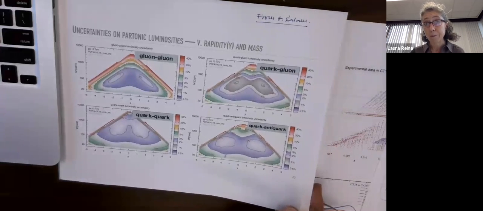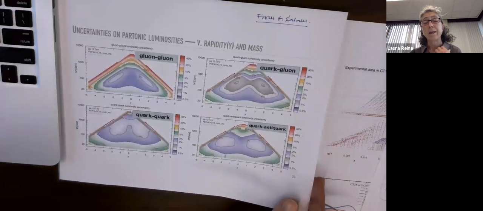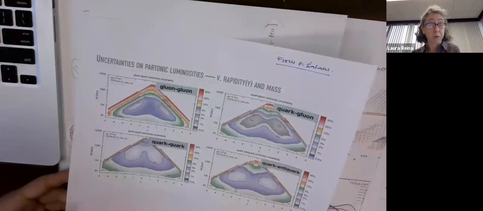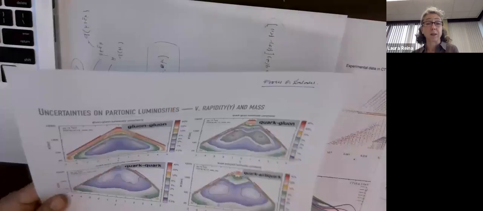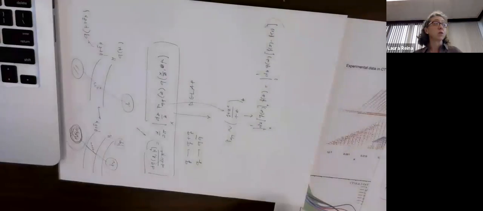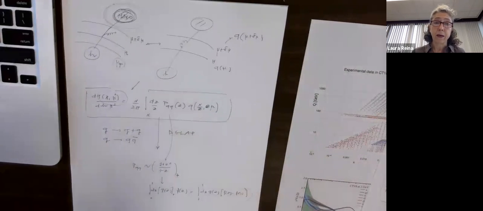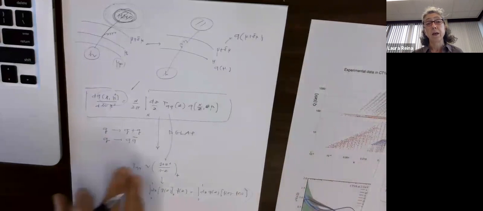It is very little. This doesn't mean that a more accurate and first principle study of PDFs would not be useful. Actually, it would be extremely interesting, extremely important. But it's just to give you the idea of where we stand right now and which kind of impact the knowledge of PDFs and the knowledge of the non-perturbative part of the game plays, and how much it affects our prediction.